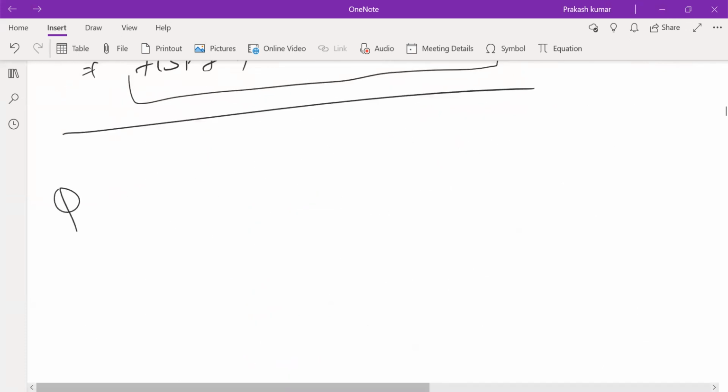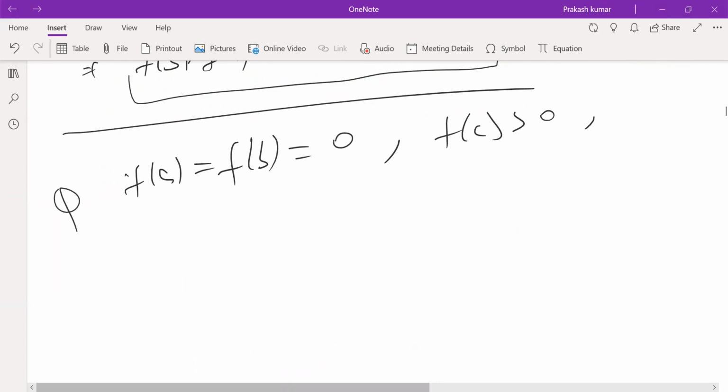So what is the question? The question says we are given a and b such that f(a) equals f(b) equals 0 and f(c) is positive for c between a and b, and f is twice differentiable. Twice differentiable means it will be continuous and differentiable in the given interval for both derivatives, right?